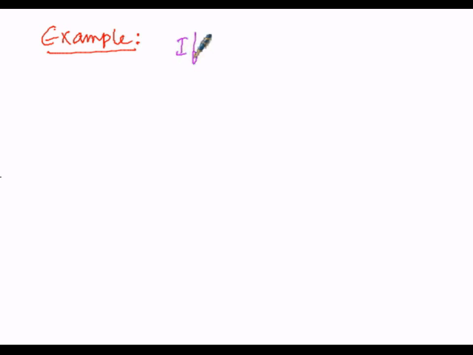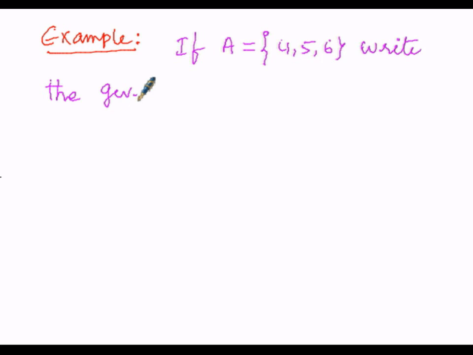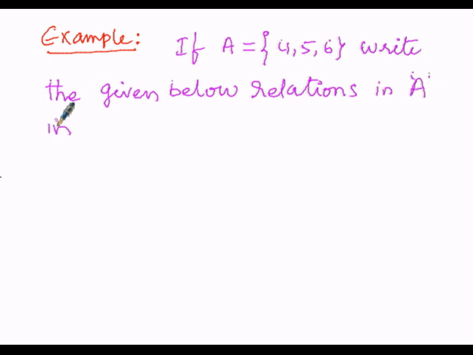If set A is equal to, the elements of this set A are 4, 5, 6, then let us write the given below relations in A in the roster form.